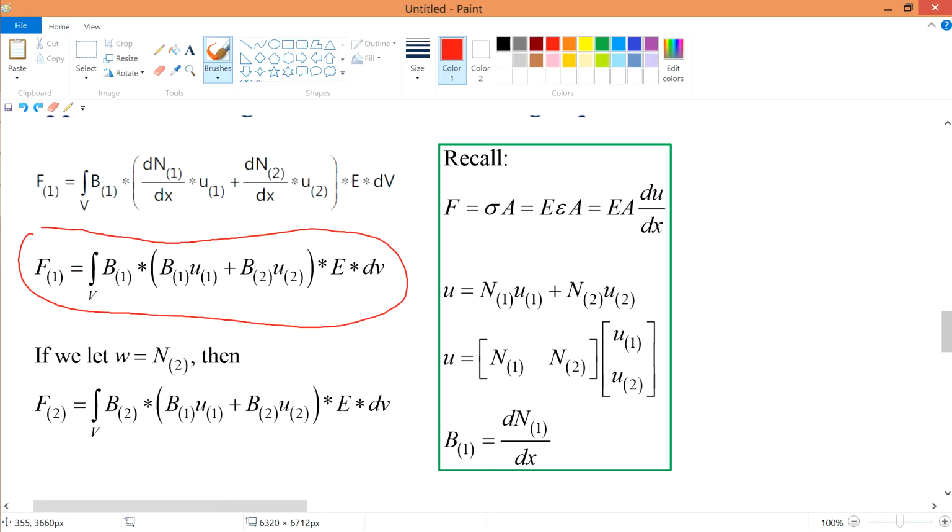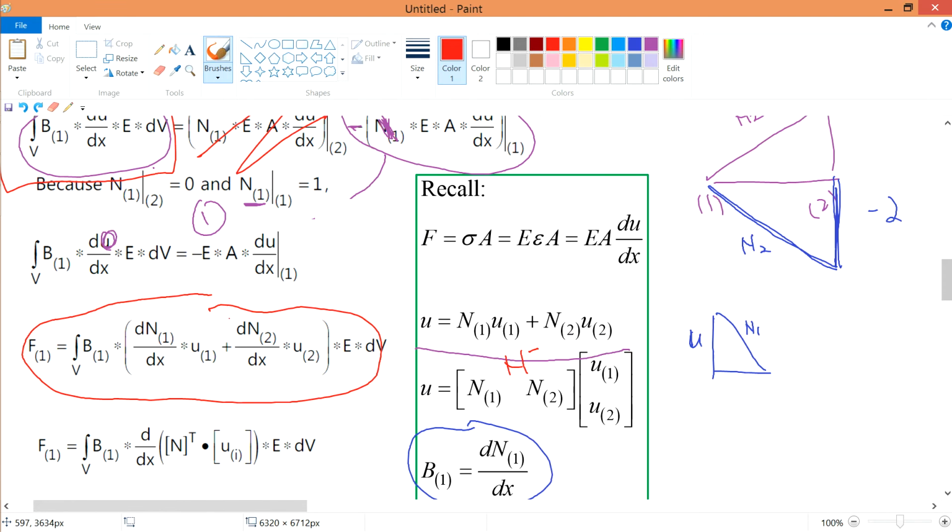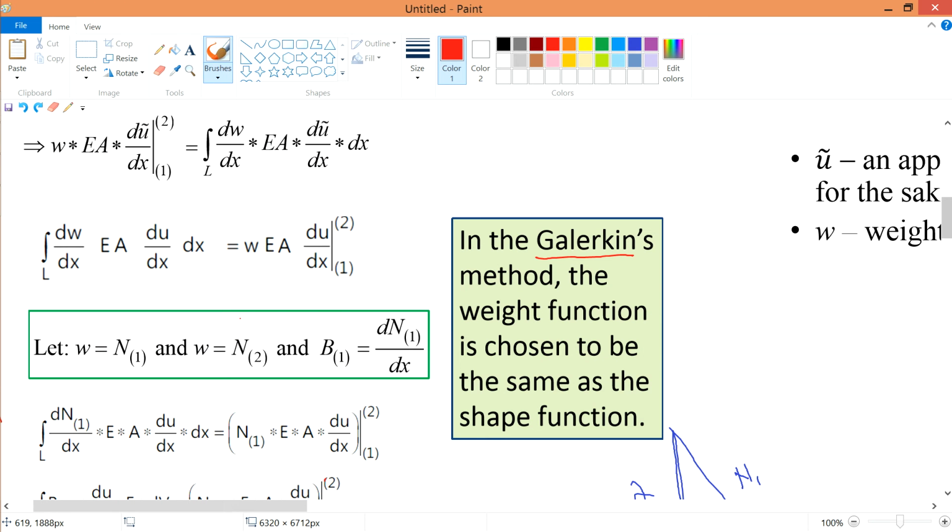Okay, so what I've been deriving all along is, first we told you that the Galerkin's method is to substitute your w as a shape function N. Alright, we will substitute in your shape function N, and then also telling us that the change of N with respect to x is the strain displacement, telling you that the shape changes across x.